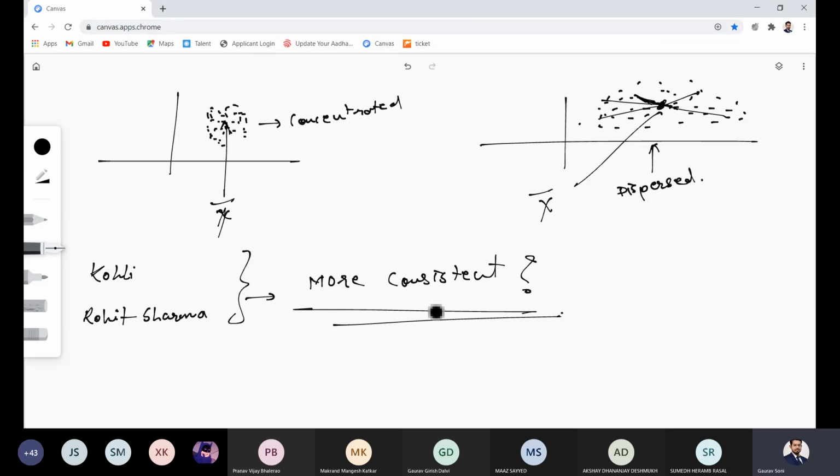So how do we calculate that? That is given by the coefficient of variation. In the list of formulas that I told you to make, we have to include the coefficient of variation. So what do we mean by the coefficient of variation? The formula for this is sigma upon x bar into 100.